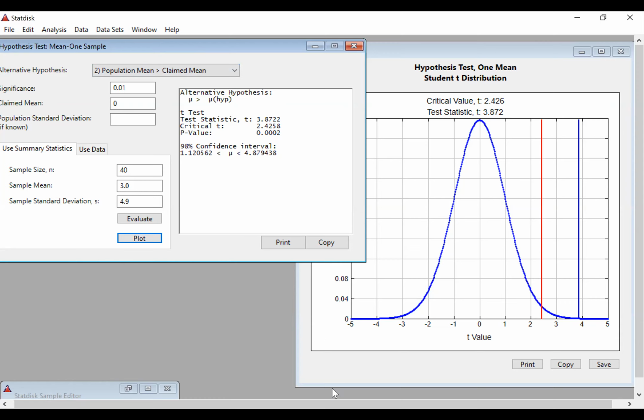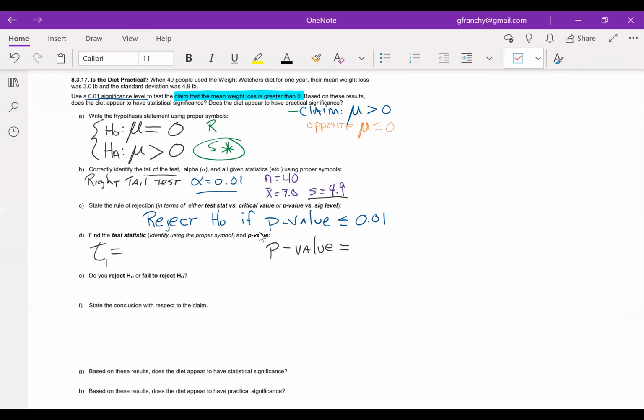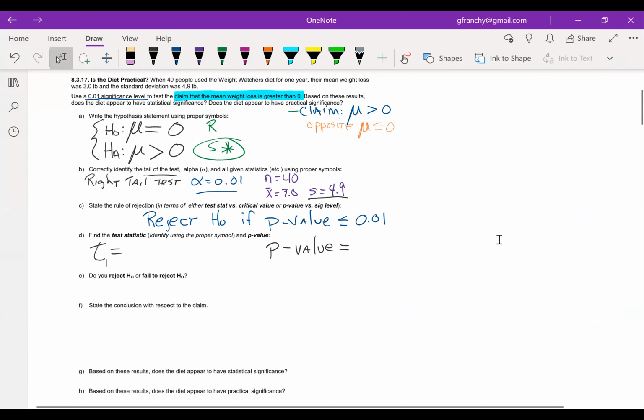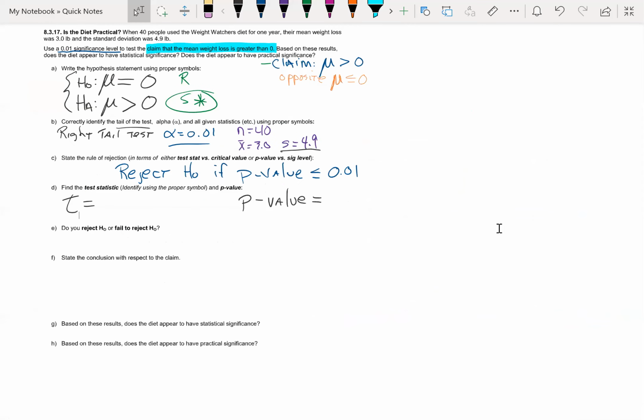So let's bring this back to our question here. So our value for t is 3.782.